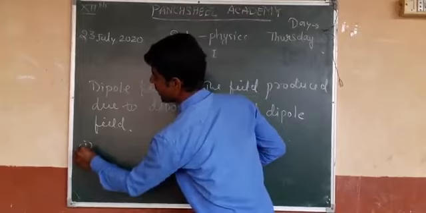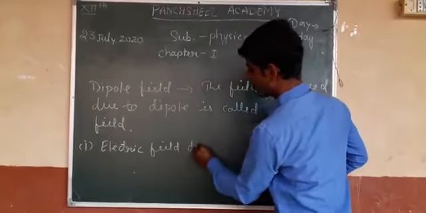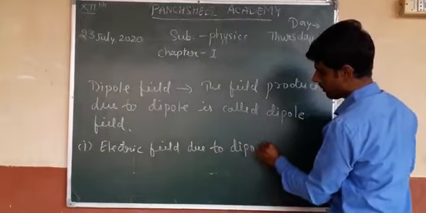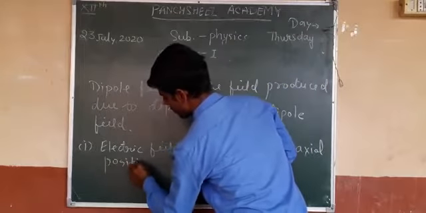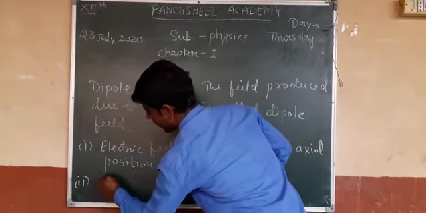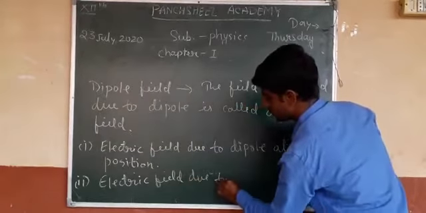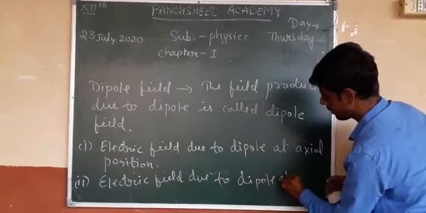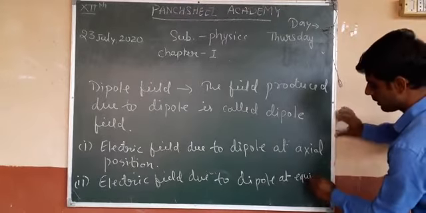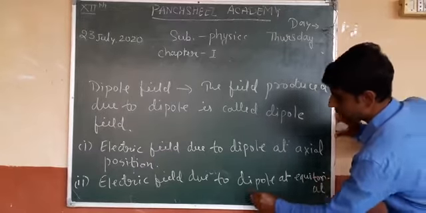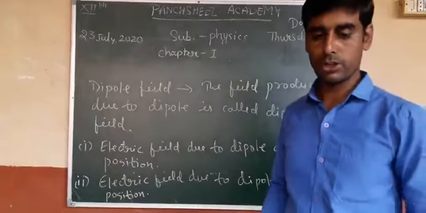So first is the electric field due to a dipole at the axial position, and second, the electric field due to a dipole at the equatorial position, or end-on position.